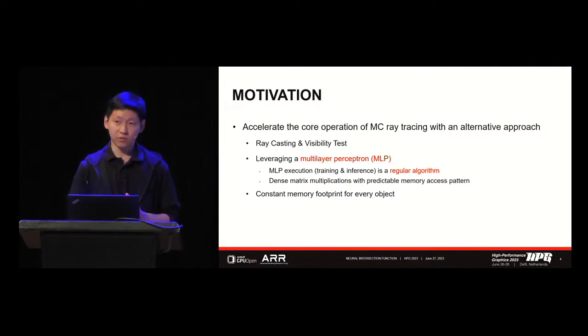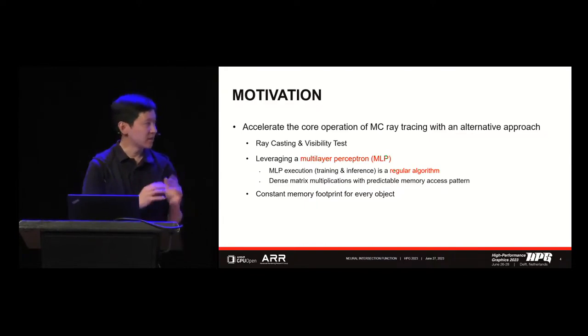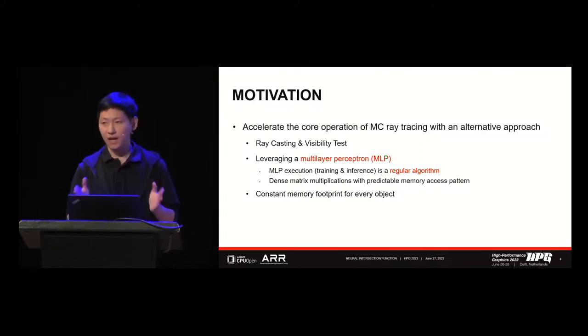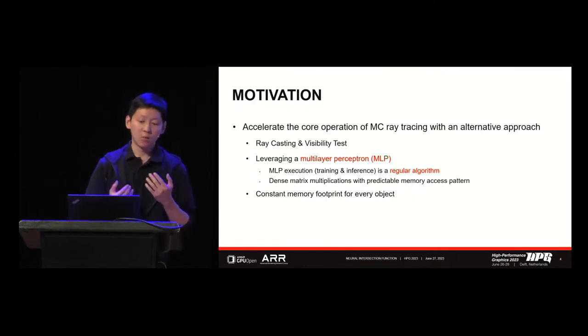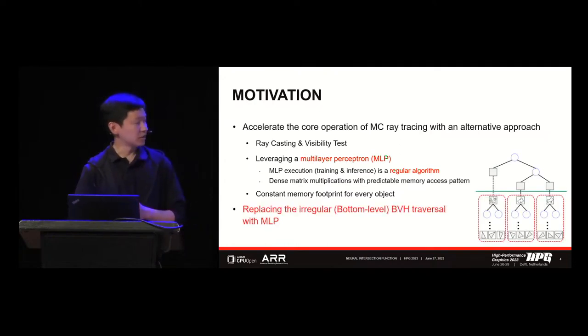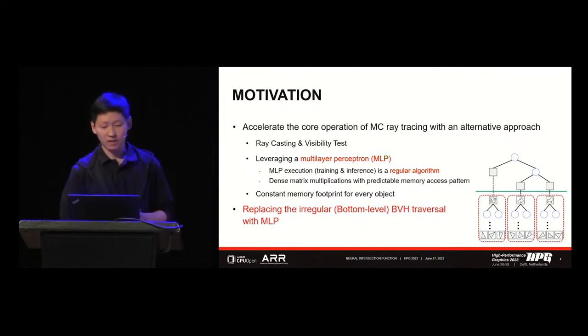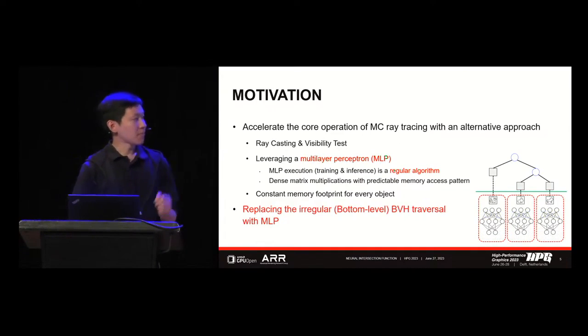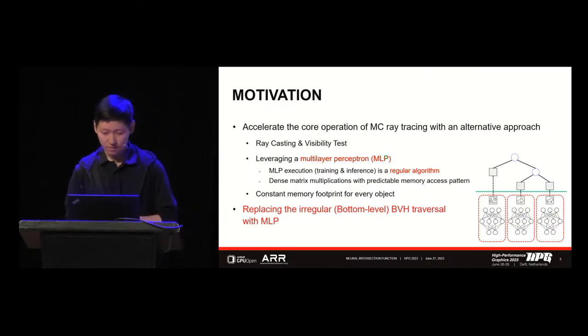Inside a neural network, especially the multi-layer perceptron, MLP, that we are using, the operations are mainly dense matrix multiplications, which have regular memory access patterns, so that we can pre-optimize what kind of operations we want to perform. As shown in the figure, we want to replace the bottom level BVH, which is usually the most complex part, with neural network operations.